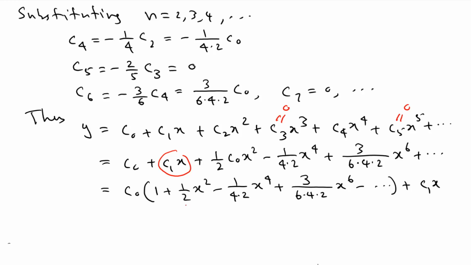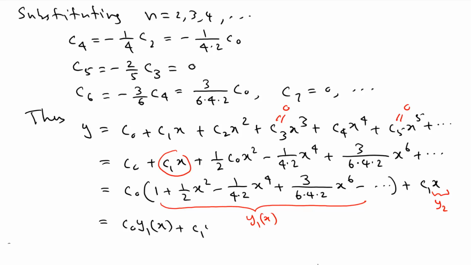So we're going to call this function y1. If you call it y1(x), then you can write this part as simply c0 y1(x). And I'm going to call this function y2(x), so you can write this part as plus c1 y2(x).